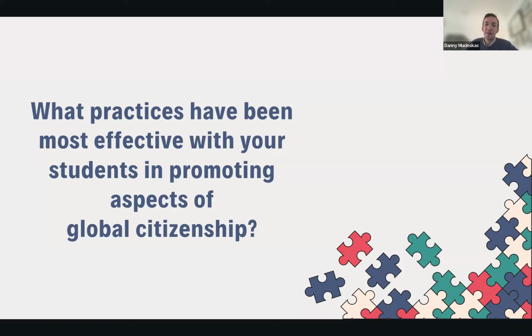So thinking about the values that are implicit in global citizenship, the issues that we might want to have students thinking about, or the information they need, the global scale of some of these challenges, and then the actions that they can take. What practices do you think or have you seen are most effective? So take a moment to pause here, think about that for a bit, or have a conversation with your colleagues.